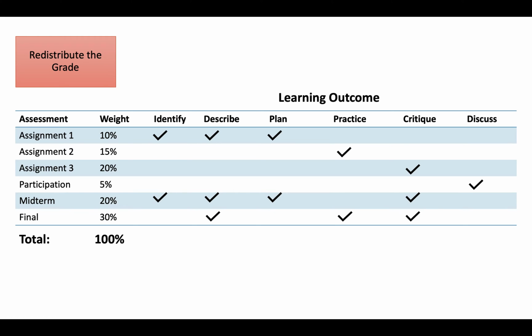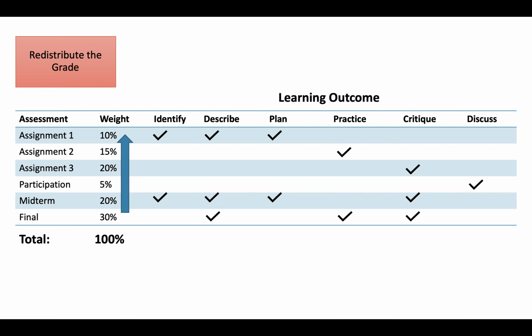The option of redistributing the grade means that you're going to take the weight of that assessment that had not been completed and redistribute it to other components, other assessments that have been completed to date. So if it's the final that hasn't been completed, you're looking to redistribute that 30% upwards to other assessments that have been completed.